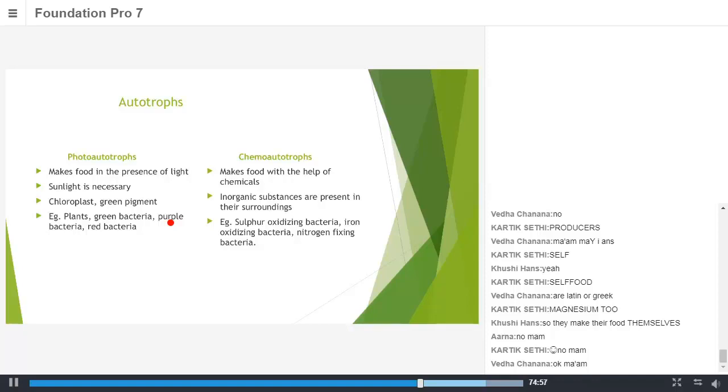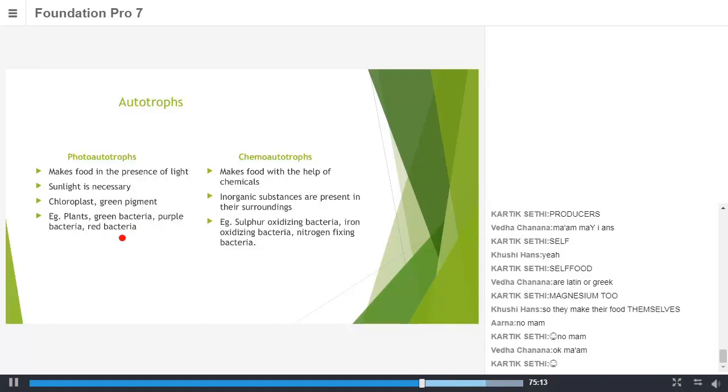Yellow is not a dominant color. So if there are certain plants where you can see yellow, maybe the chlorophyll is there, but maybe the yellow is dominant there. In case of bacteria also, it will not be any color bacteria. Okay, ma'am. Thank you.